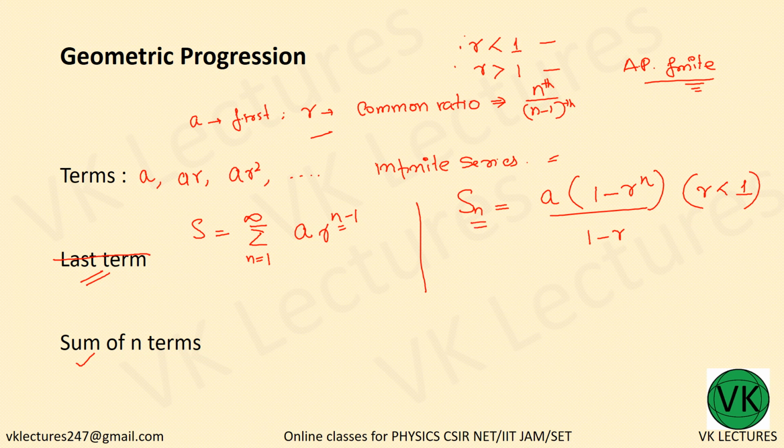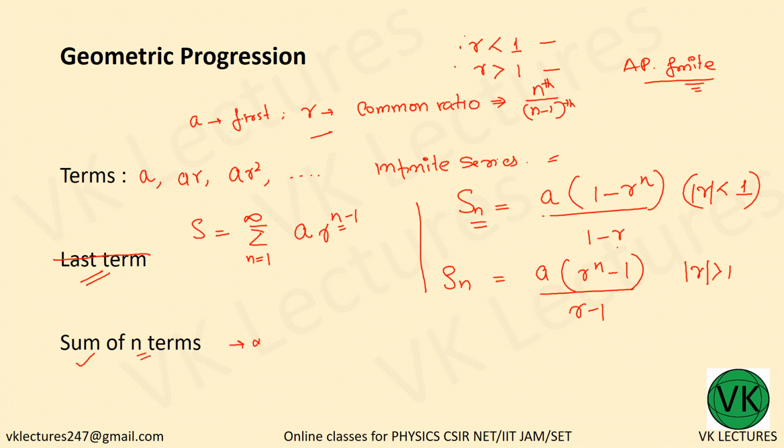Similarly, it is a times r to the power n minus 1 divided by r minus 1, if r is greater than 1, that is, the mode of the value r should be greater than 1. Now this is for the sum of n terms.